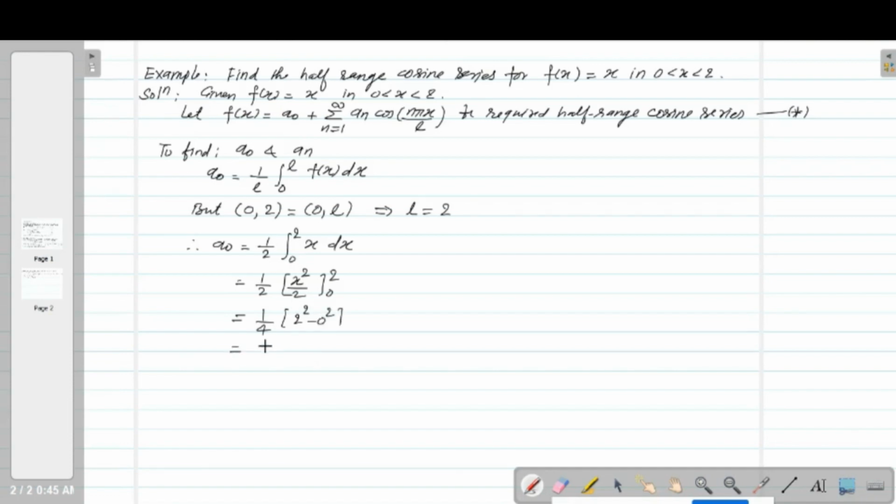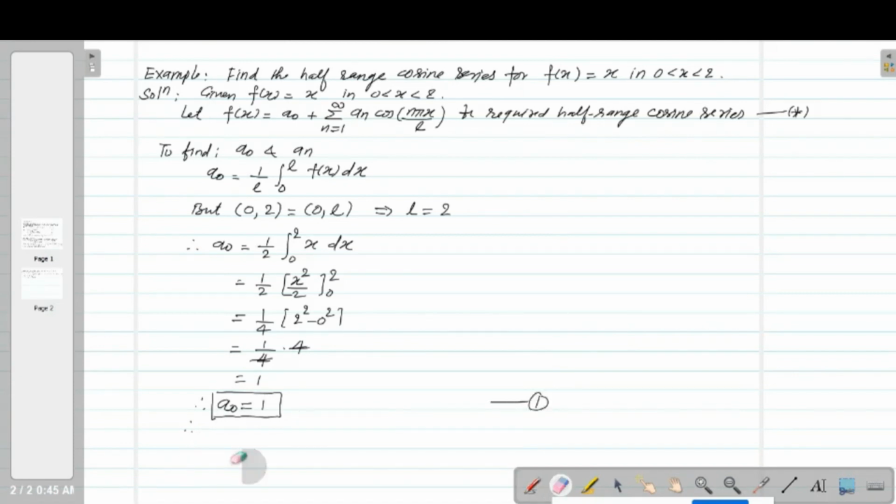So this gives 1 by 4 into 2 to the 4, and 4 cancel. You will have 1. So therefore a naught is equal to 1. Name this equation number 1.